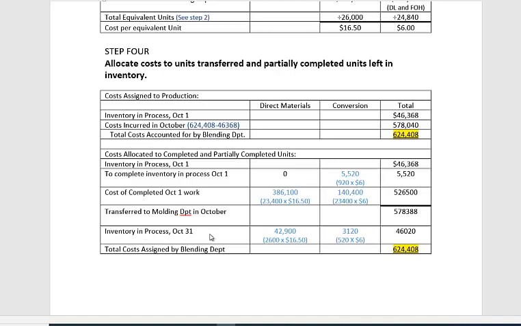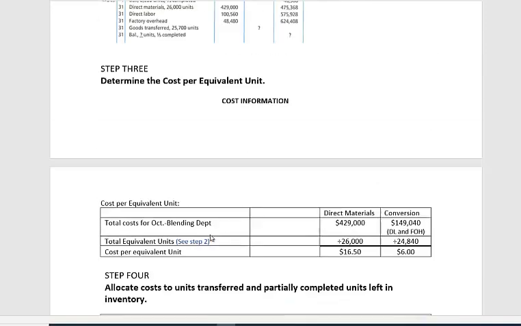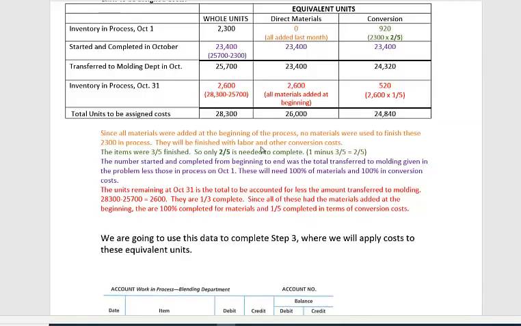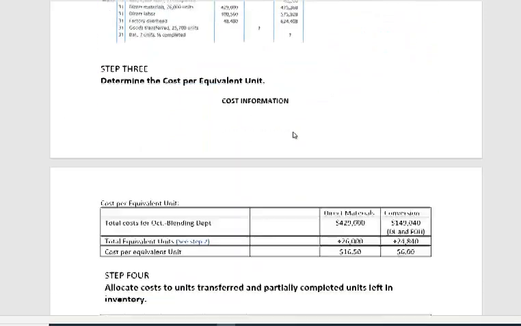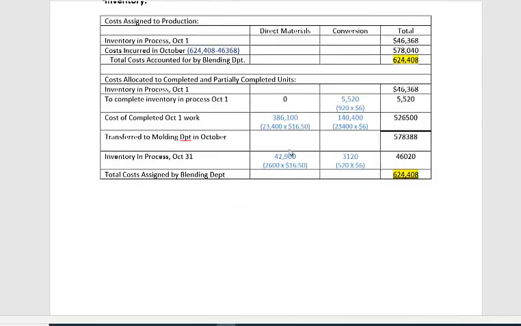All right, all that was transferred out, so now we need to figure out how much cost we've got in the units that we started and didn't complete on October 31st. So let's take a look at the equivalent units there. Okay, we had 2,600 because all materials added at the beginning, so 2,600 equivalent units times the 16.50 gives us 42,900, and then we had 520 equivalent units for conversion cost, and that cost $6.